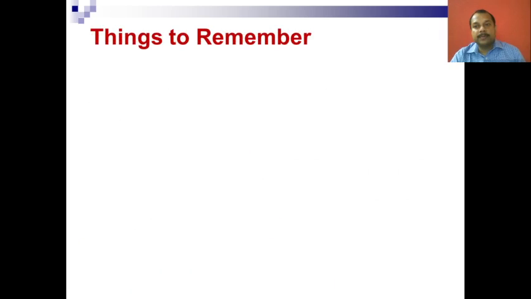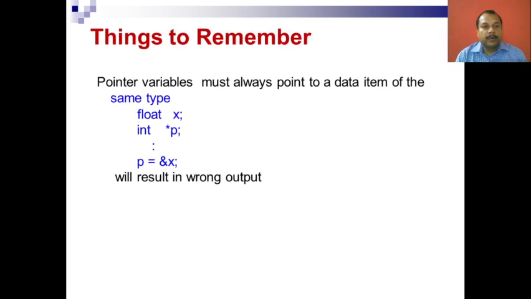Now, things to remember: pointer variables must always point to a data item of the same type. Same type is important. So float x and int star p, and then writing p equals ampersand x will result in wrong output. Why is it wrong? That I discussed elaborately.